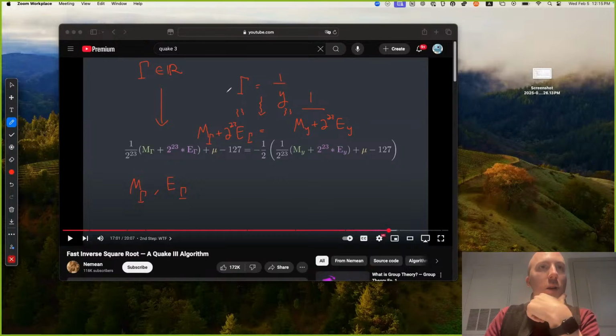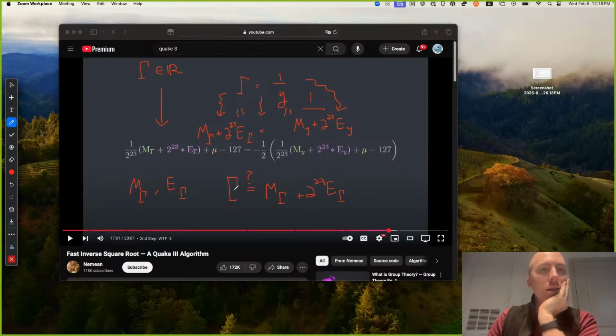So this is a weird step to do, because are we saying that gamma is equal to the mantissa of gamma plus 2 to the 23? Is this true? Like, the actual number gamma is equal to this?